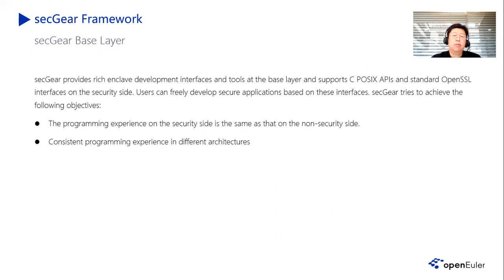Users can develop secure applications based on these interfaces. Our design goal is to let developers have the same programming interfaces on the secure side as on the untrusted side, and also let developers have a consistent programming interface experience across different architecture solutions.